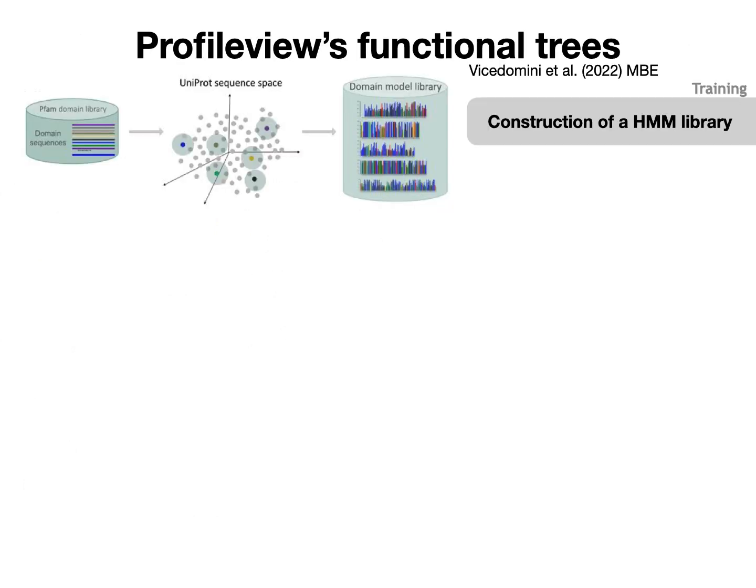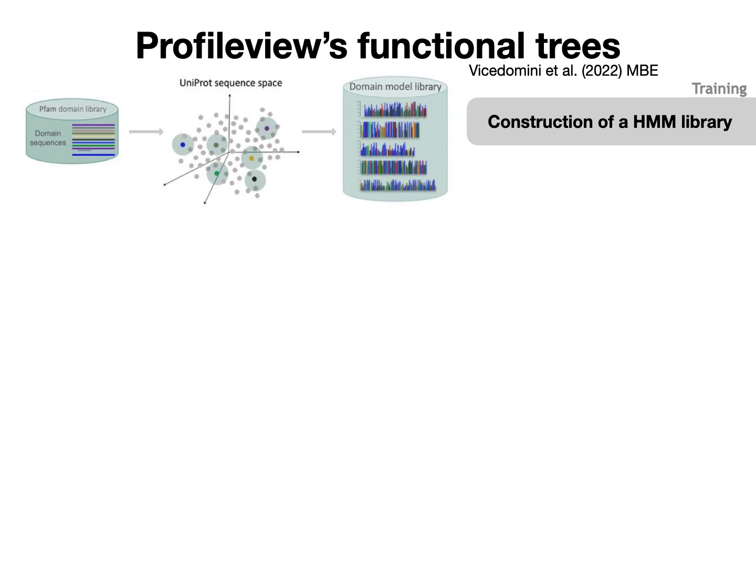Recently, a new method for function prediction called ProfileView has been published by the team of Alessandra Carbone at LCQB. The algorithm is based on the use of hidden Markov models and hierarchical clustering, and does not need any multiple sequence alignment.